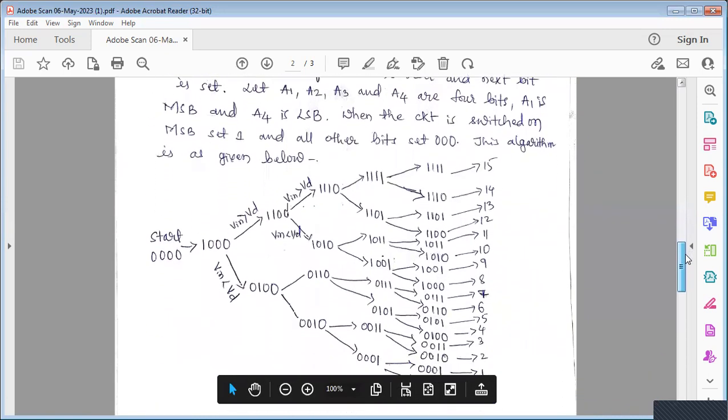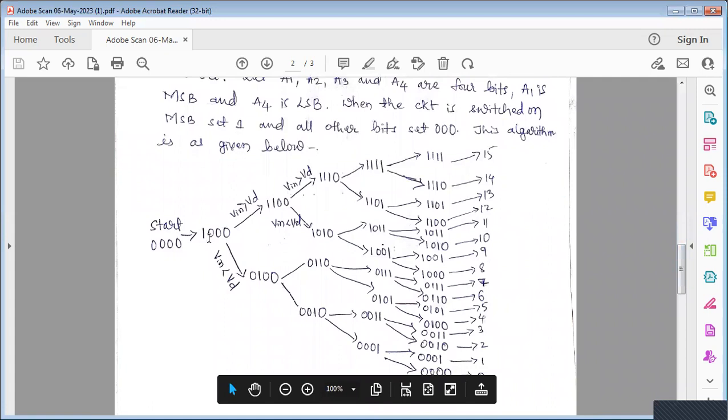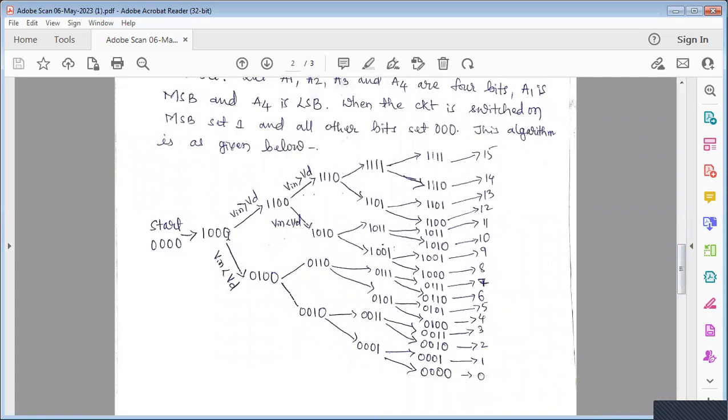So look here. 1, 0, 0, 0 is the initial setting of the bits, and now Vin is greater than Vd. The next bit is set.